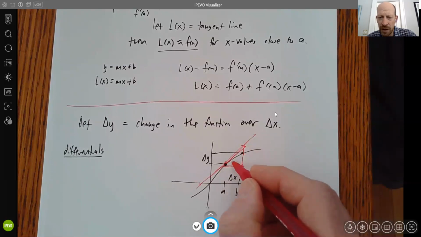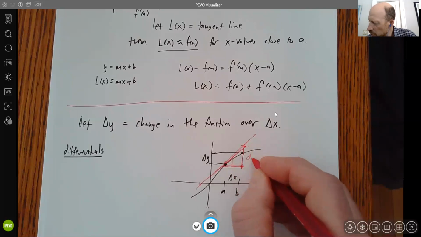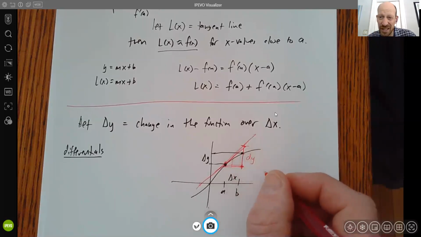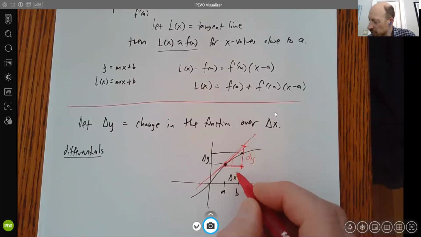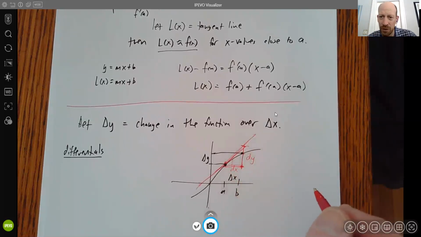And of course, as we get closer, as our interval gets smaller, that change is going to be even closer. Right? This sort of triangle is even closer to the actual function. So this value here we're going to call dy, which is the differential, and this delta x we're going to call dx when we use this differential notation.